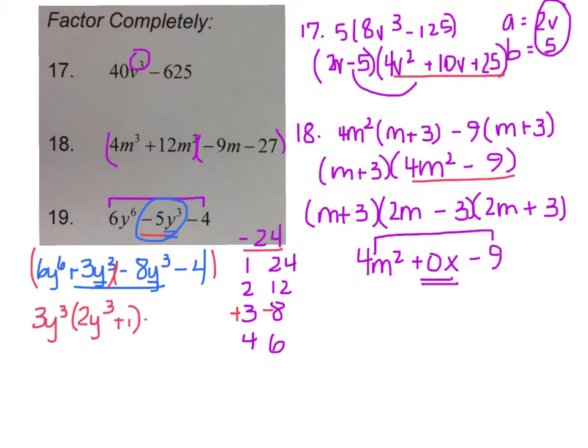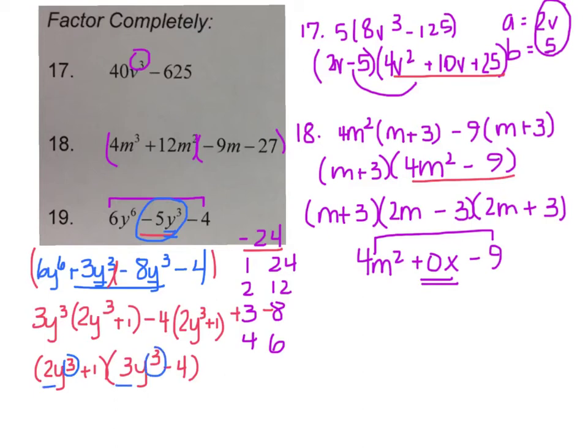And the second group has a negative 4, leaving 2y cubed plus 1. They match. And looking at it, I see this, and it should tell me, look for sum and differences of cubes, but I know 3 isn't a perfect cube, and I know 2 isn't a perfect cube, so I'm done.